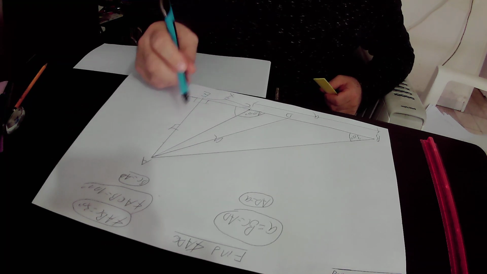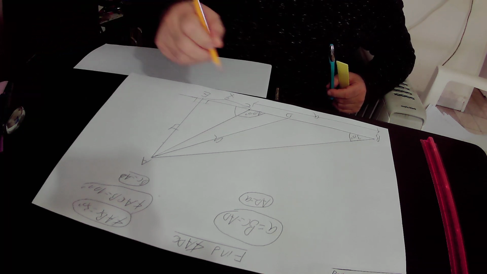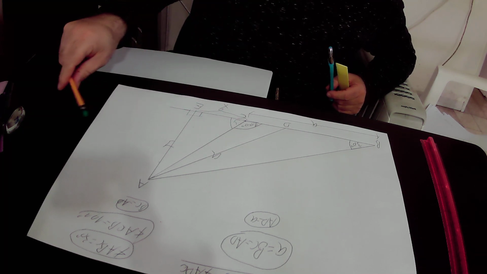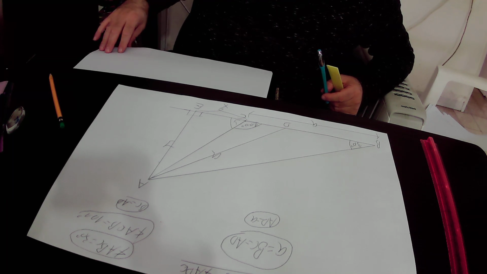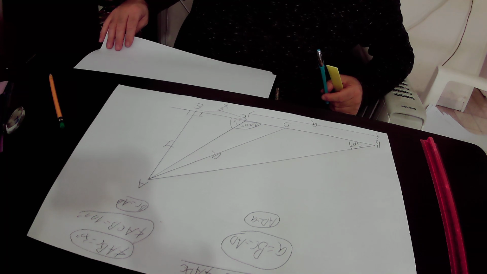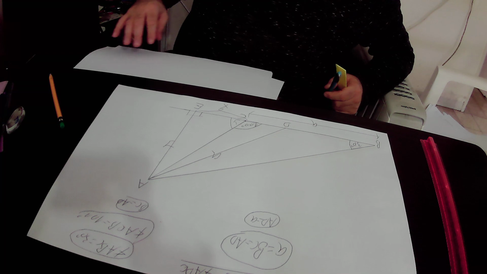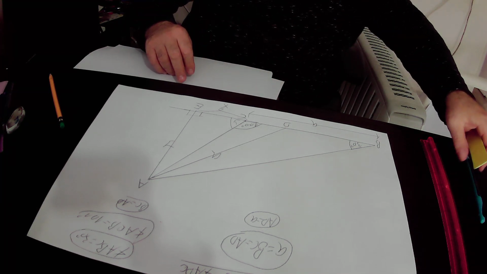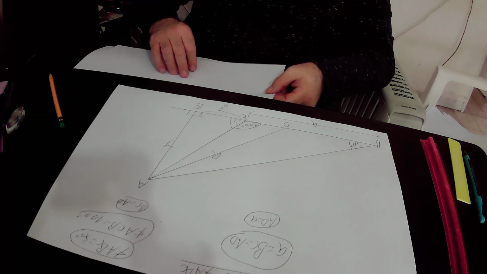So we define angle ACE as angle Y. And we know that BC is one side of triangle ABC, therefore BC must be a straight line.